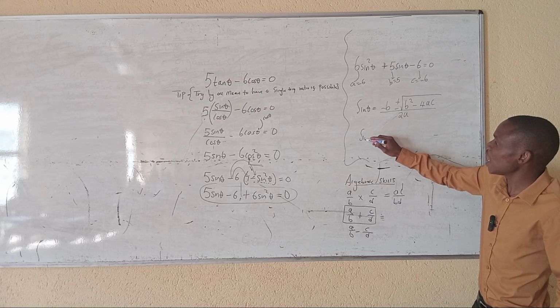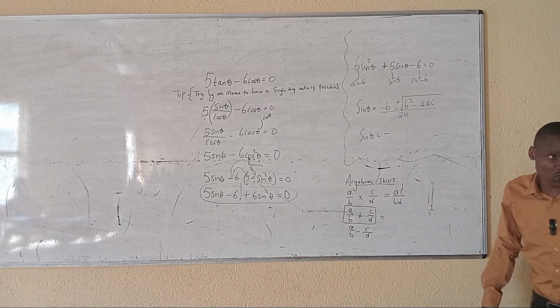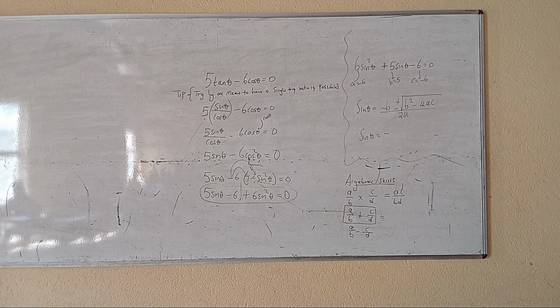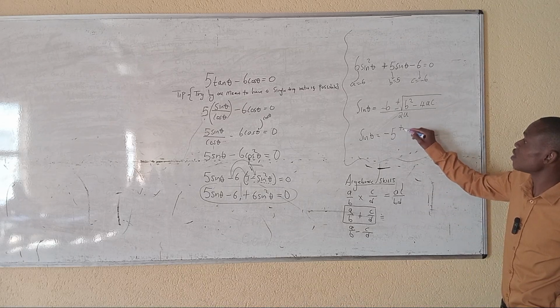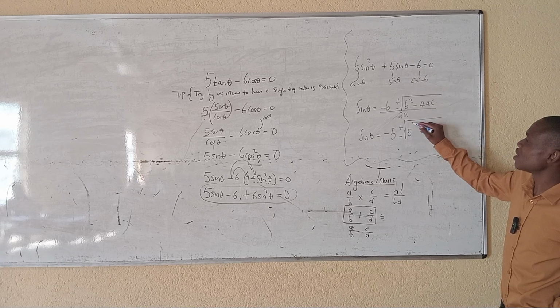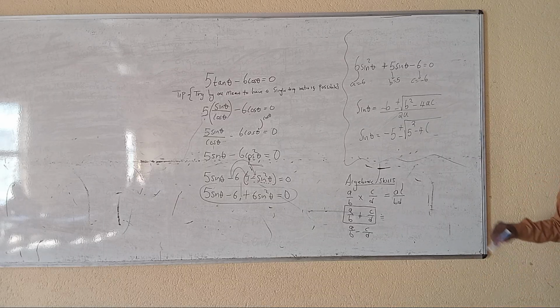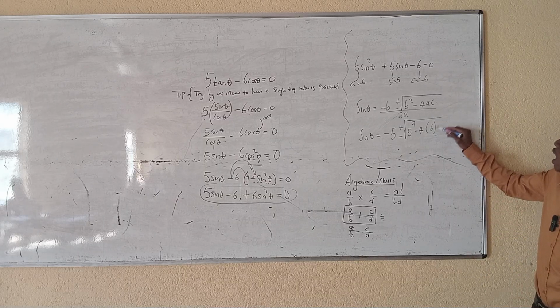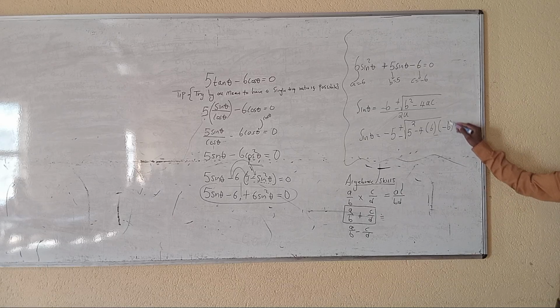Sine theta equals negative, you substitute your b again. Your b is how much? It's 5. 5 squared minus 4, how much is your a? 6. How much is your c? Negative 6.